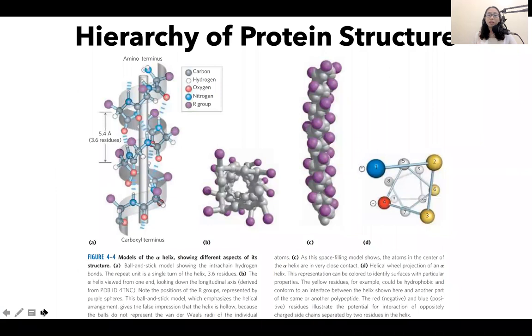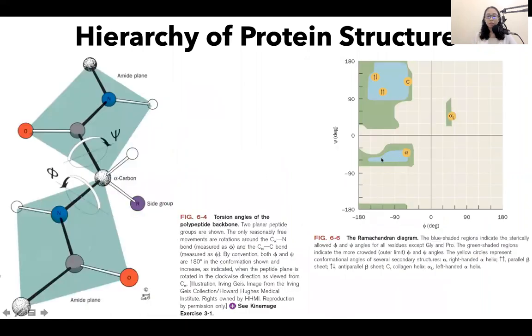Now, the consequence of these dihedral angles lead to two common secondary structures. First, we have the alpha helix. So the alpha helix, if we look back in your Ramachandran plot, it's here. So this region, and we see that both of your phi and psi angles are negative.